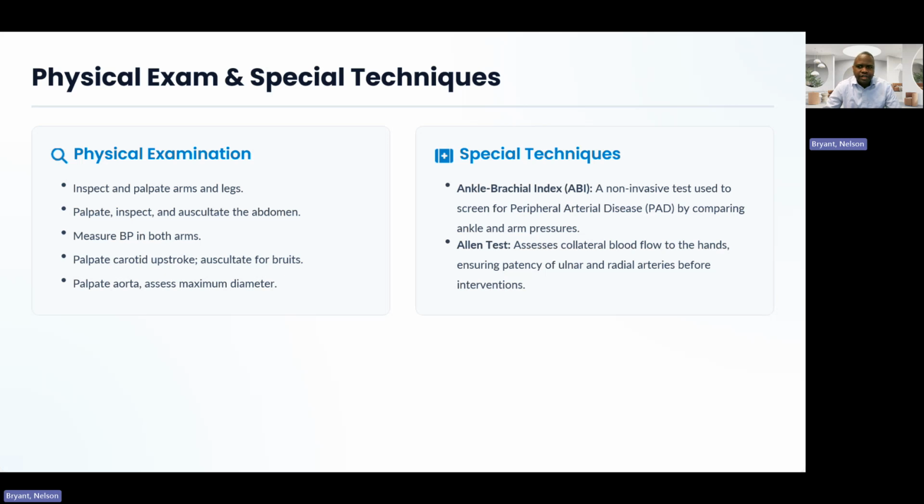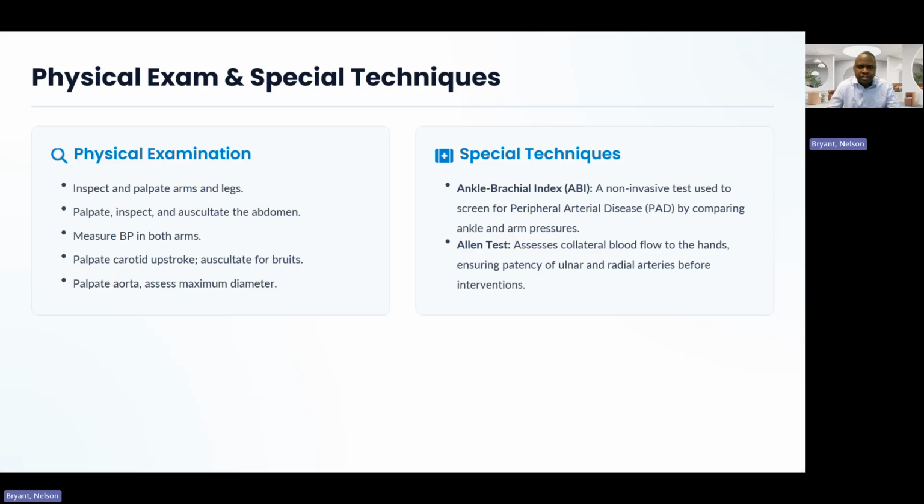When you are doing your physical exam, it's very important to assess the pulses, skin color, and temperature, and auscultate for any bruits over the carotids or abdomen, and palpate for any change in size of the aorta.